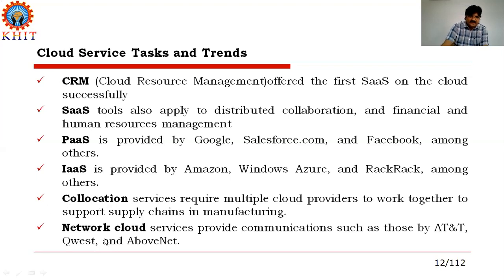And next one is the networking clouds. So the interaction between various clouds through the networking is one of the important tasks. The network cloud service provides the communication between different clouds, such as AT&T, which is also one of the cloud service providers, and AboNet is also another cloud service provider. These are providing networking cloud services to the end users.